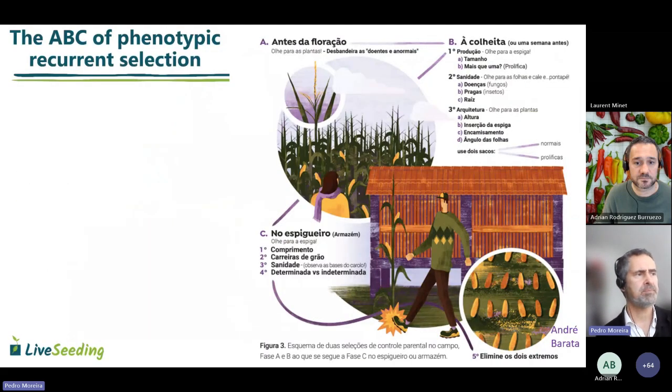And then we select, for instance, the size, the row number, the health, if it's determinate or indeterminate, whatever.